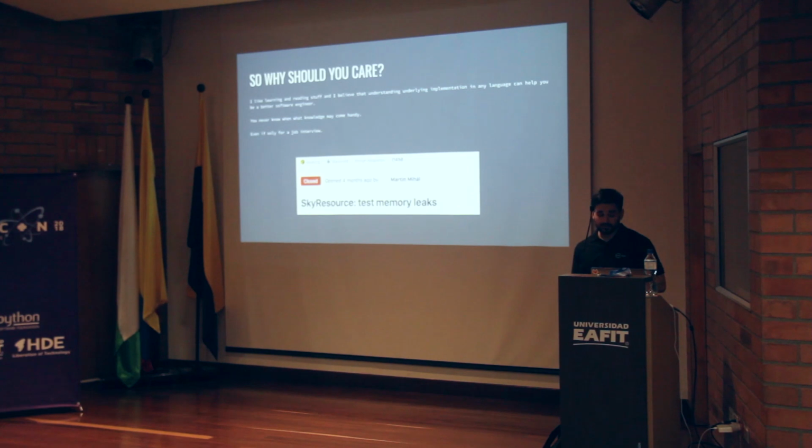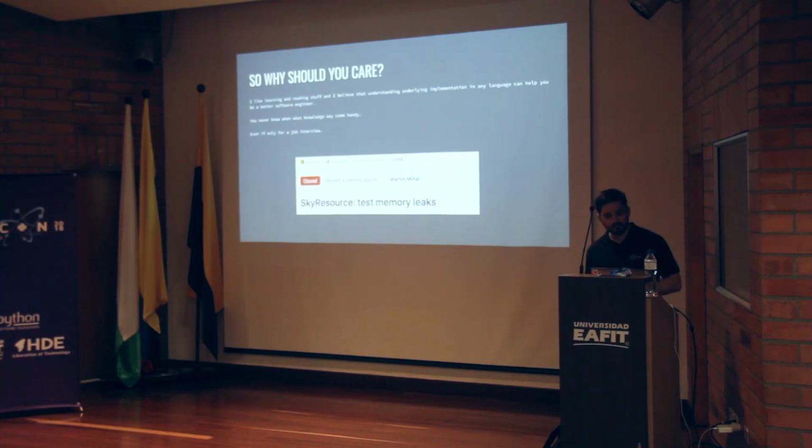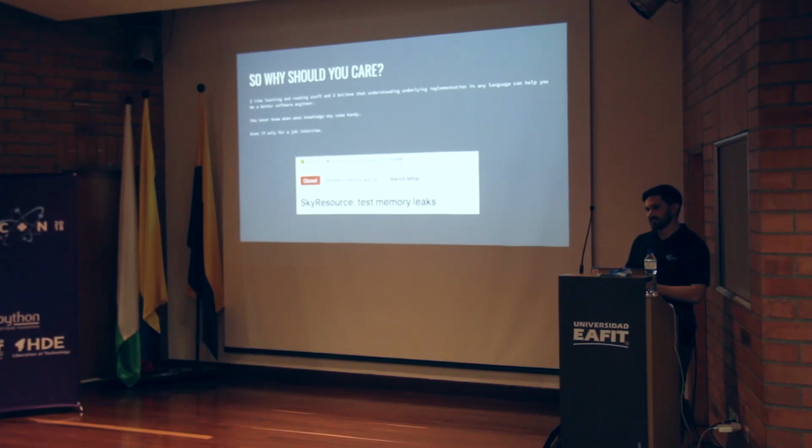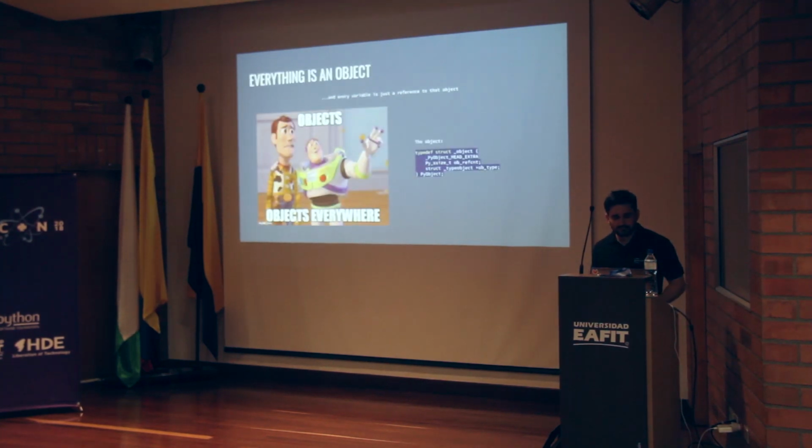It's also really hard to test those things, and most of the time they are out of your control, because most memory leaks happen in some C-level language, in C bindings you're using in your code. And also, maybe somebody will ask you such a question in a job interview, and that might be beneficial, I guess.